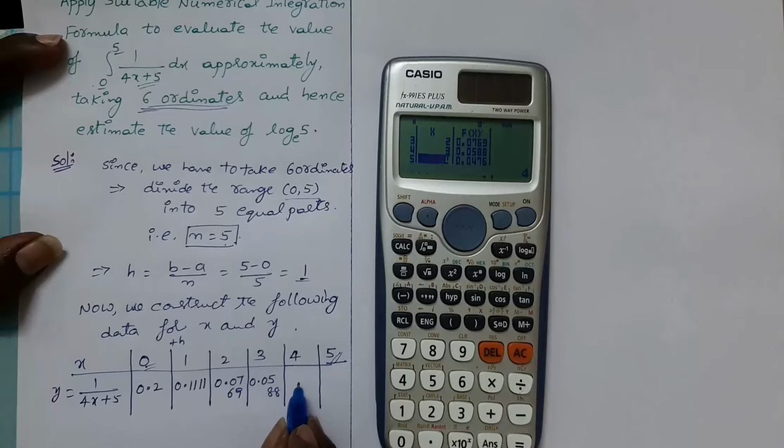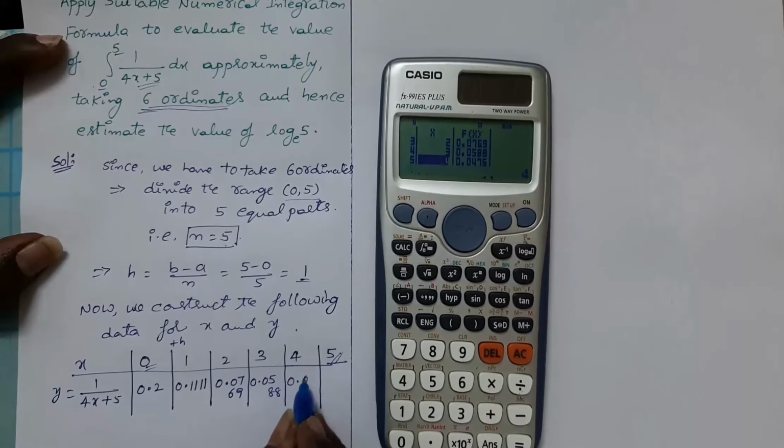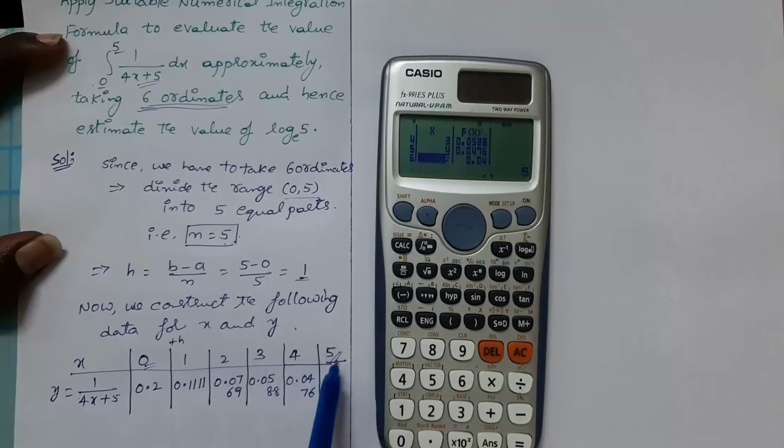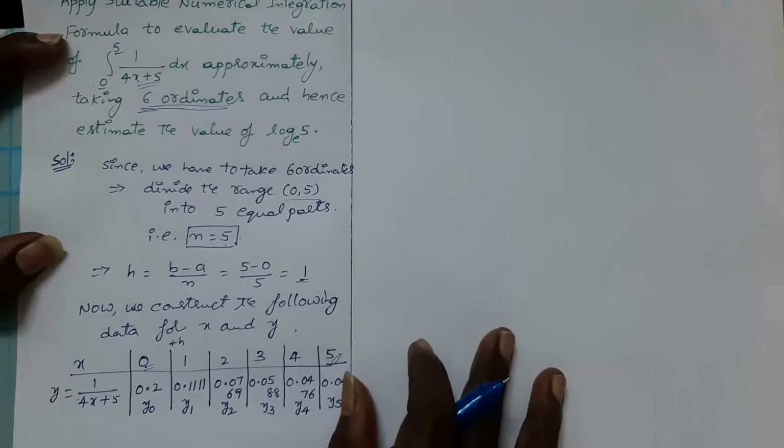At 4 it is 0.0476, and the last value, the functioning value at 5, is 0.04. Okay, and put the names for the y values. This is y0, y1, y2, y3, y4, y5.